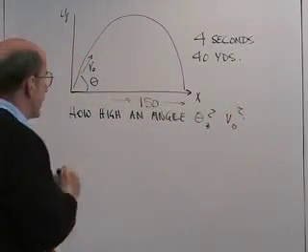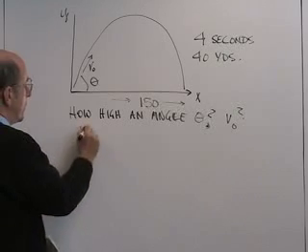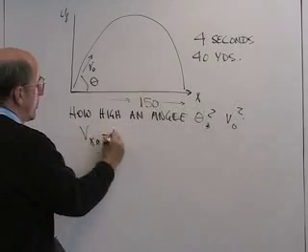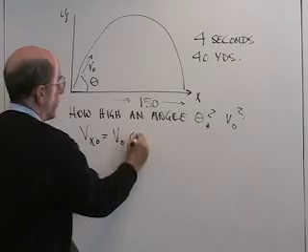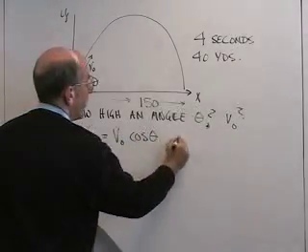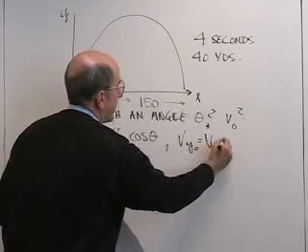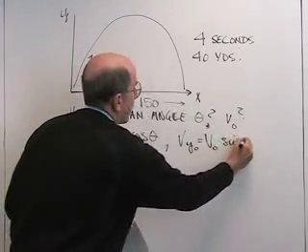All right. So the first thing you do on something like this is you resolve the velocity into 2 parts. Vx0 is going to be equal to V0 times the cosine of the angle theta, and Vy0 is going to be equal to V0 times the sine of theta.